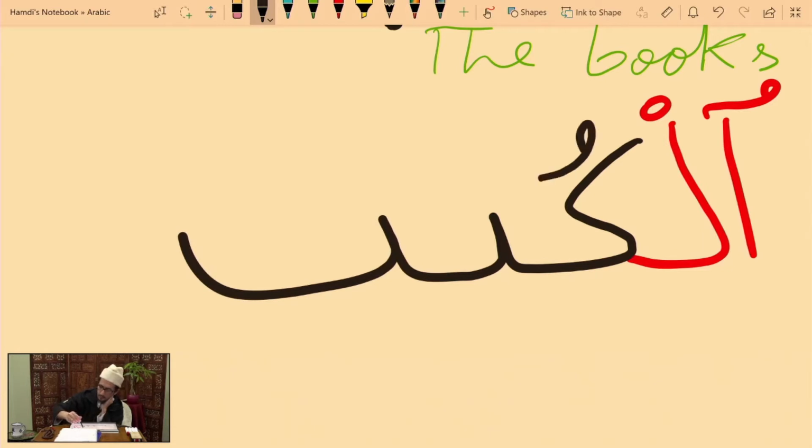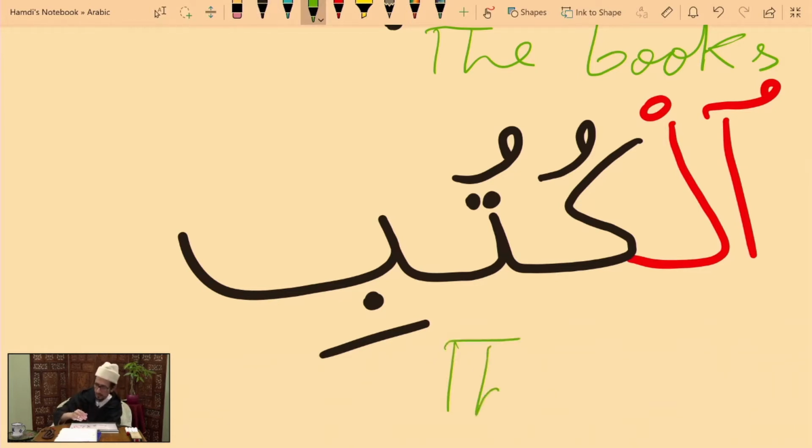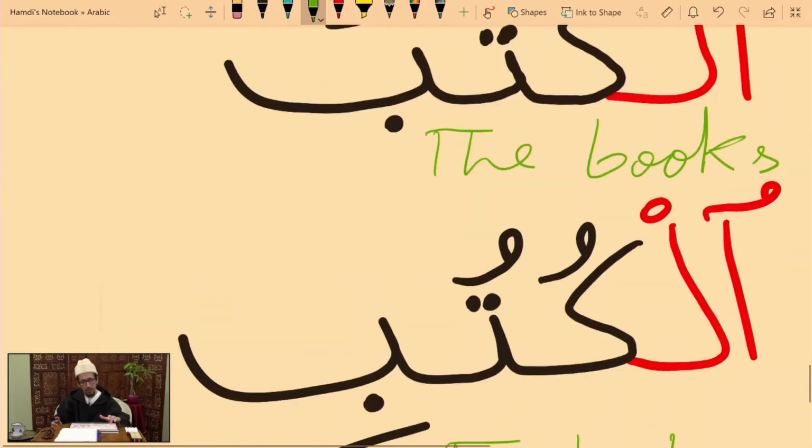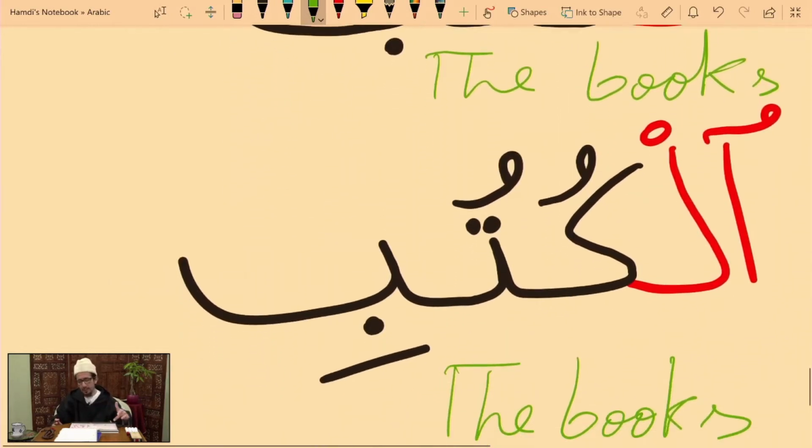The meaning doesn't change. It is still the books. So why this one is al-kutubu, this one is al-kutubi?